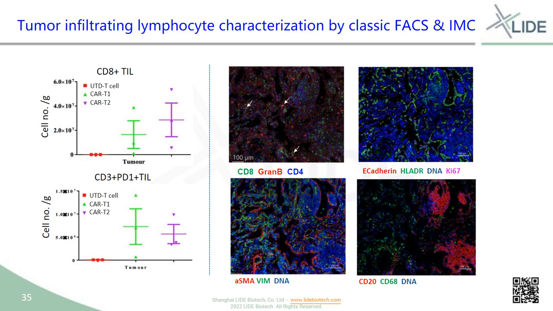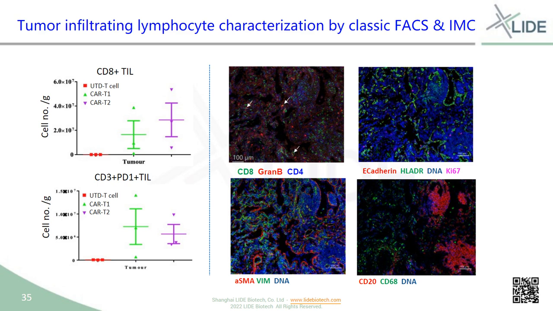For early studies of in vivo CAR-T infiltration in tumor tissue, we digested the tumor and stained with normal fluorescent antibodies for flow cytometry, and here is the flow data. However, this method can't tell us the spatial interaction between cancer and immune cells.